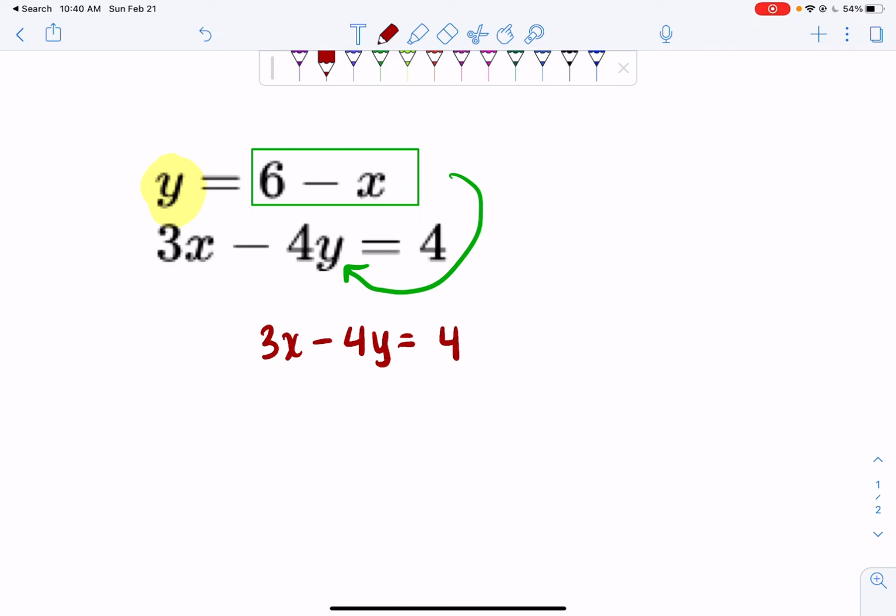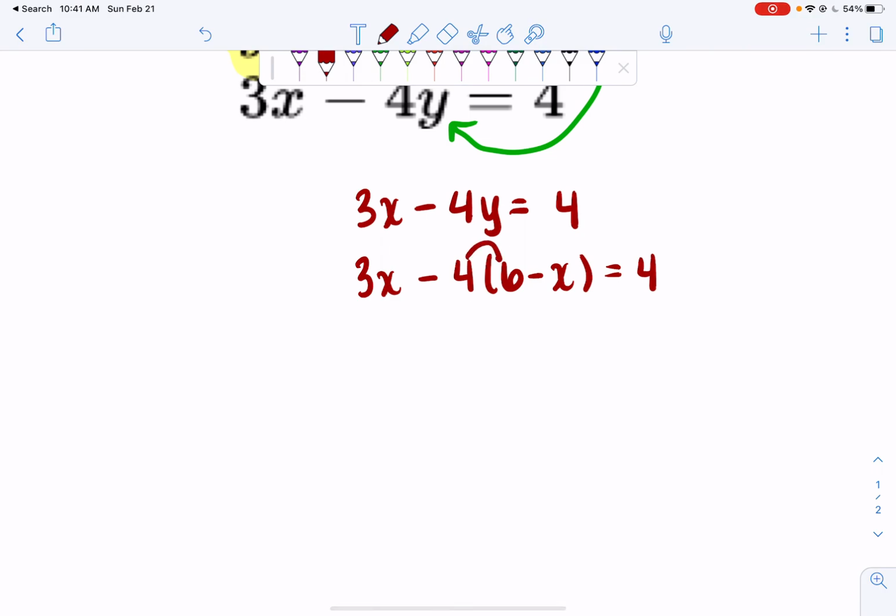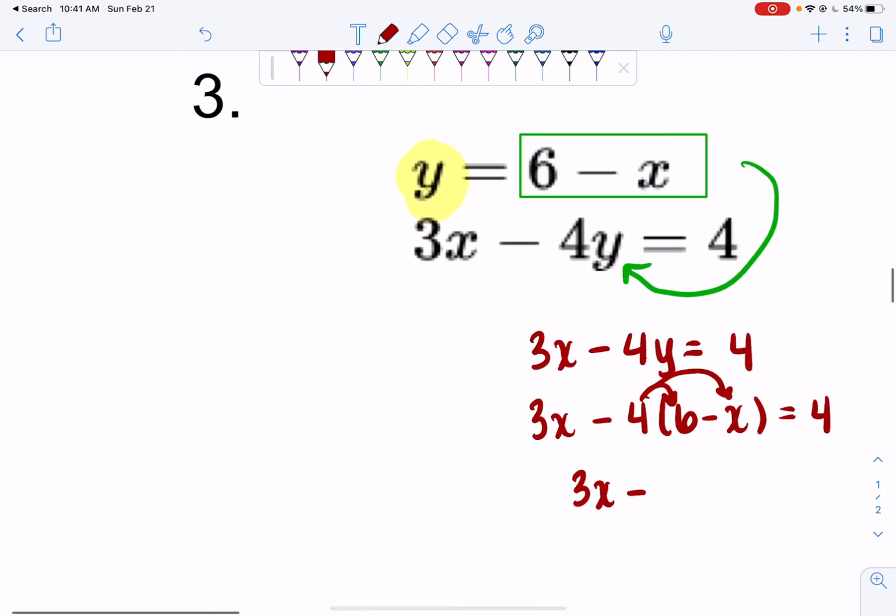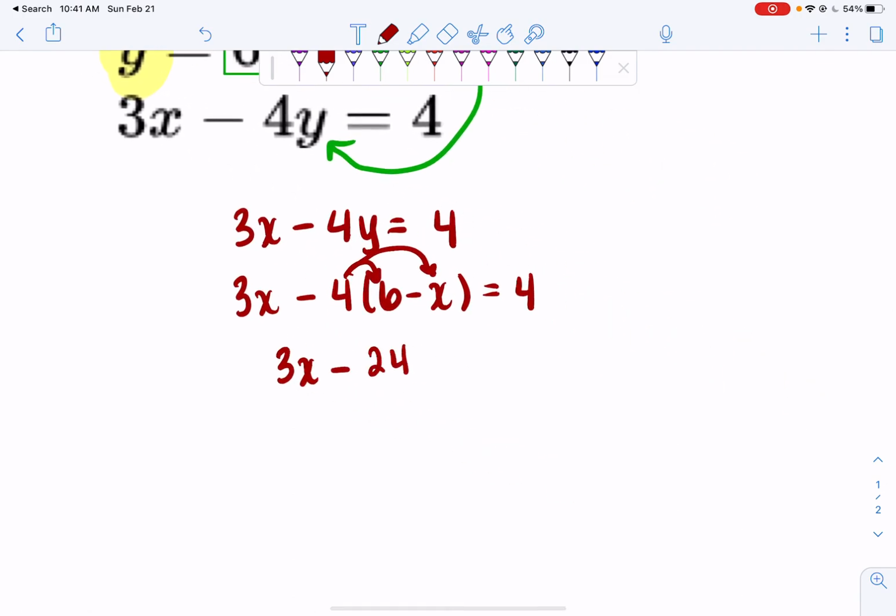So 3x minus 4y equals 4. I'm going to substitute that 6 minus x in, so I have 3x minus 4 times 6 minus x equals 4. I'm going to distribute my 4 to each term on the inside of my parenthesis. So I have 3x minus 24 minus 4x equals 4.